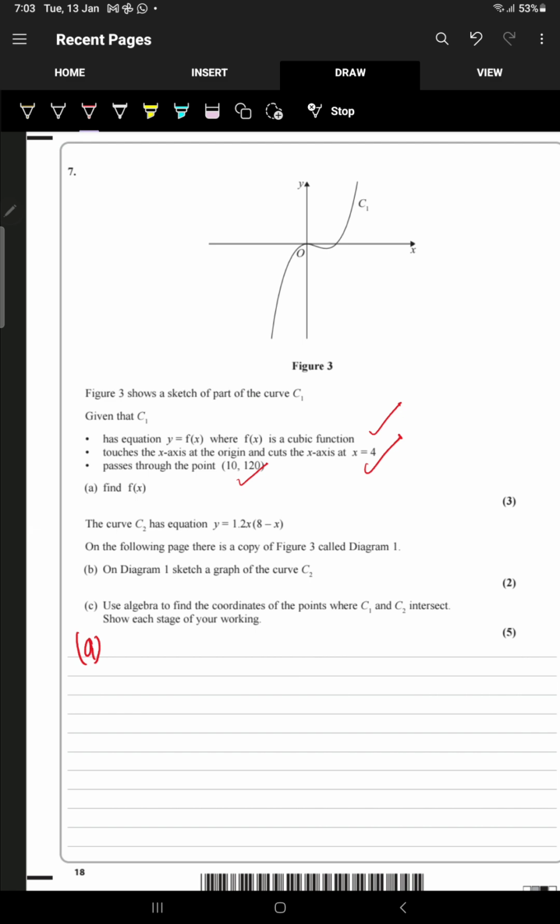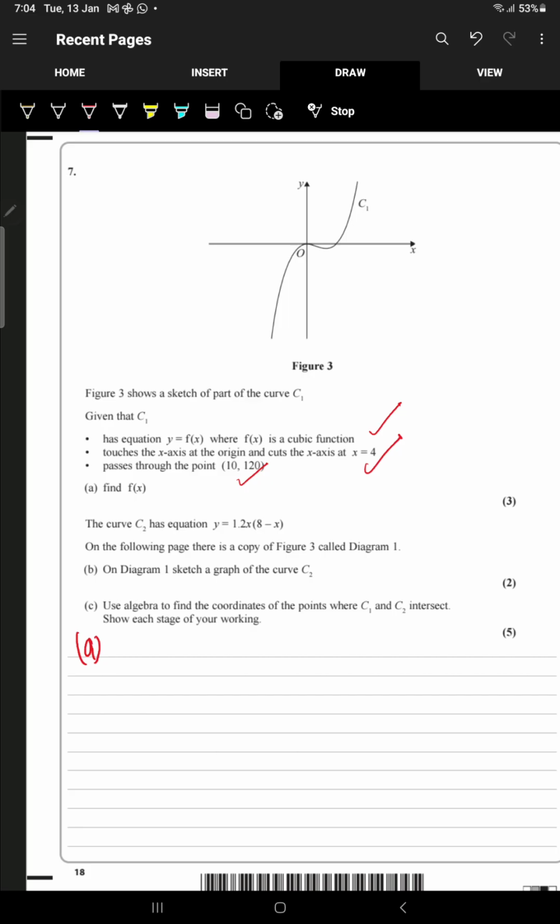If we have information about the roots of the equation, we can form an equation. If we have these x-intercepts, this means that we can convert them into brackets, and that gives us the equation. That's basically the reverse process.